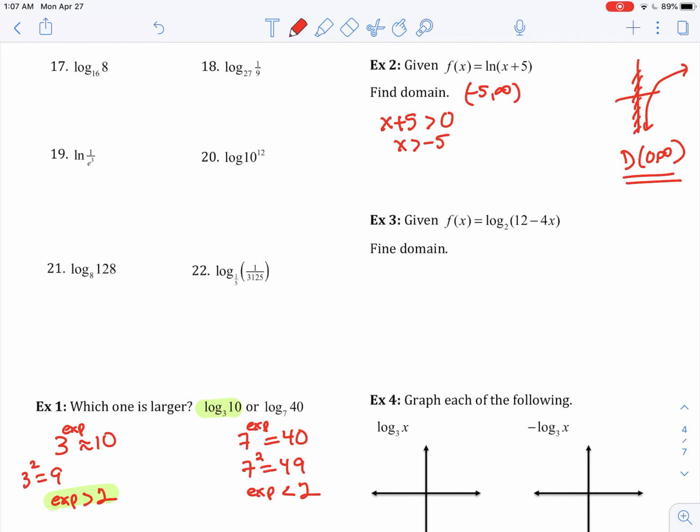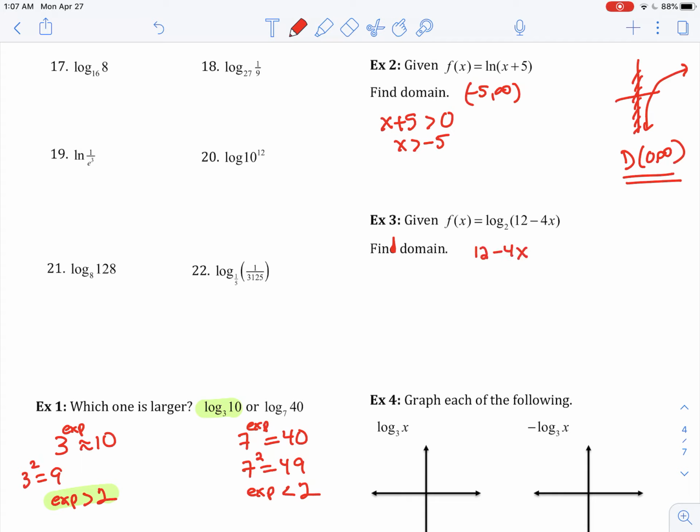On number 3, we're taking f of x is equal to the log of 12 minus 4x base 2. We want to find the domain. Well, your logs can only take logs of quantities greater than 0.